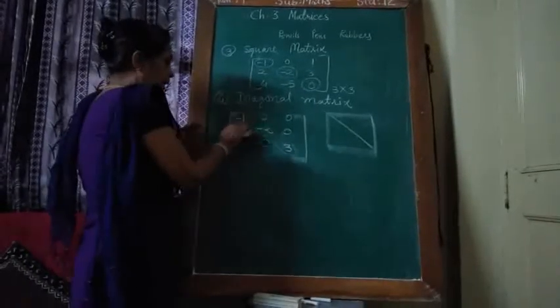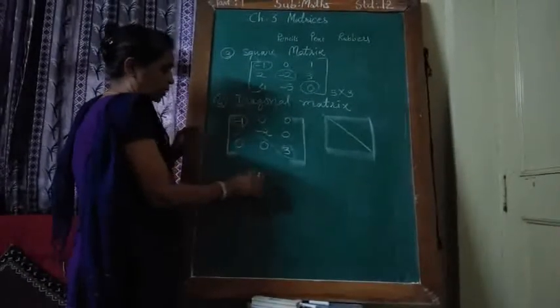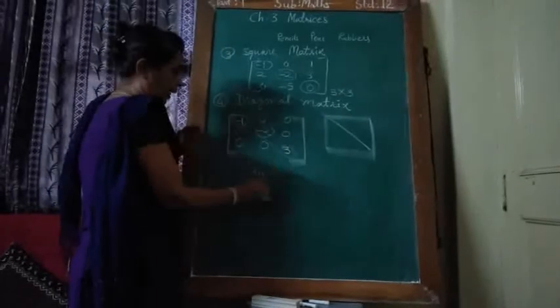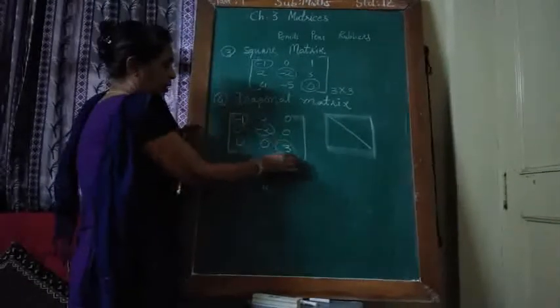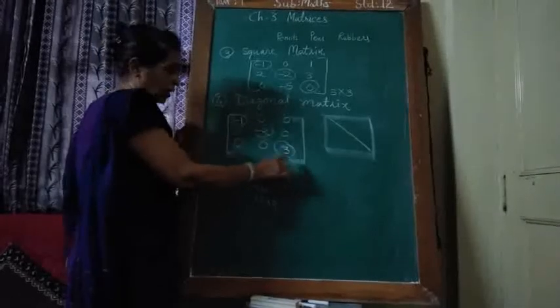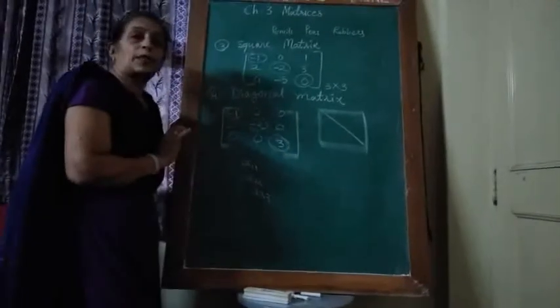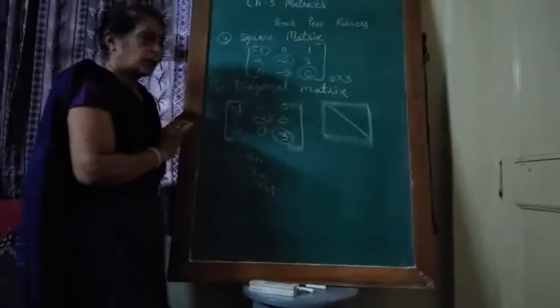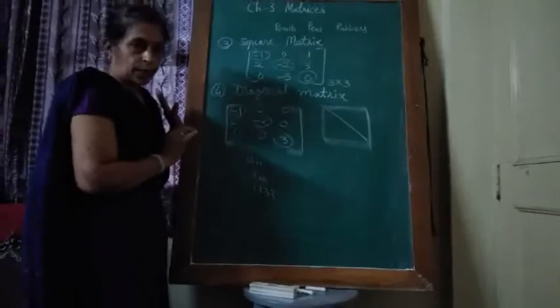But these elements are A11, first row first column, A22, second row second column, A33, third row third column. These must not be equal to 0. Then it is known as a diagonal matrix.